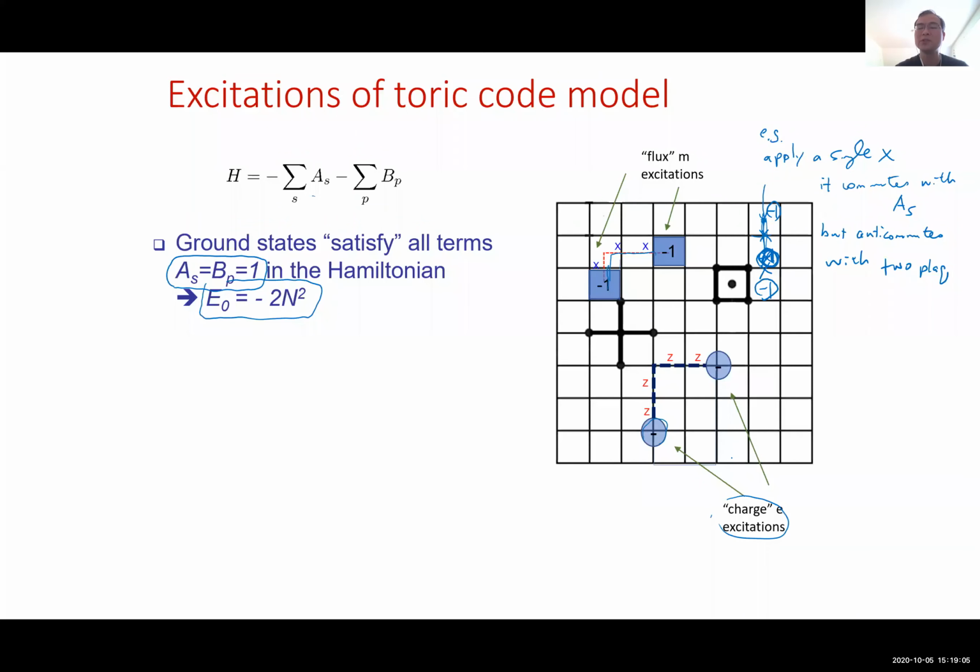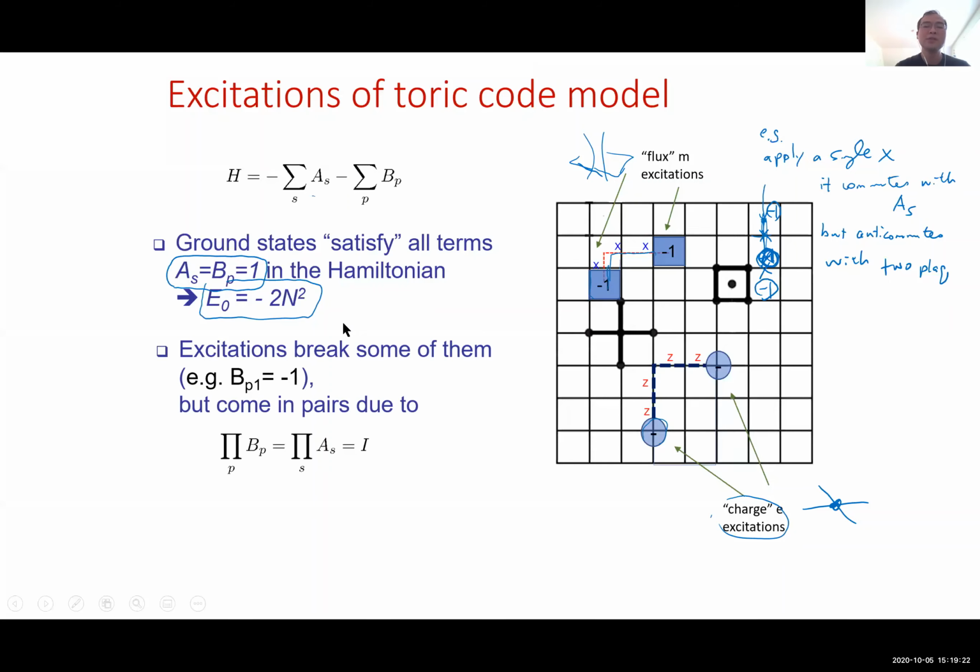And these are on a plaquette, it looks like a flux, like a flux through some plaquette. So charge on the vertex. And so these break A or B equal to 1, for example, one of them is -1.